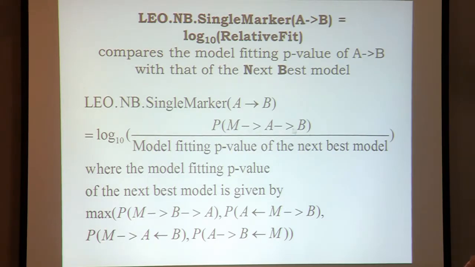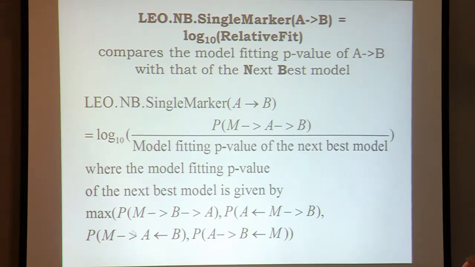And we get a p-value for it. But we divide this p-value by the p-value from the best fitting alternative model. Remember, there were 4 alternative causal situations, right? And so for each of these 4 causal scenarios, you also get a p-value.